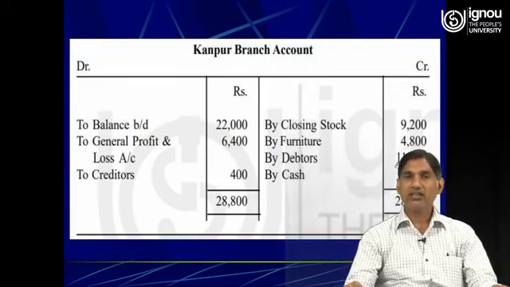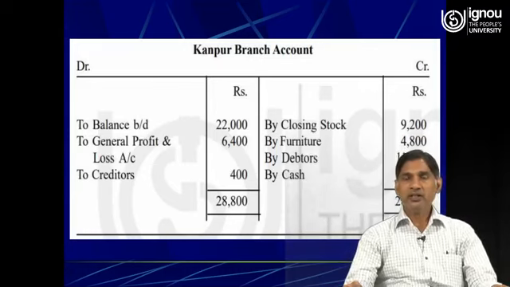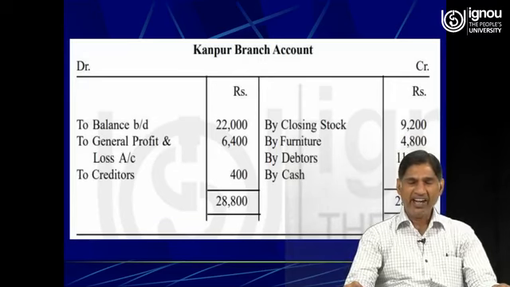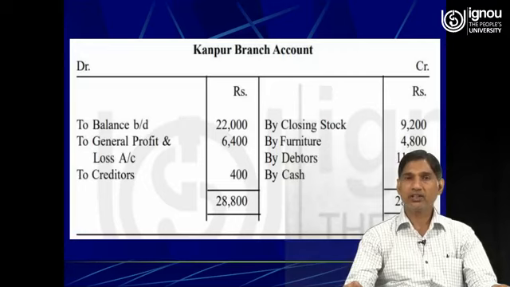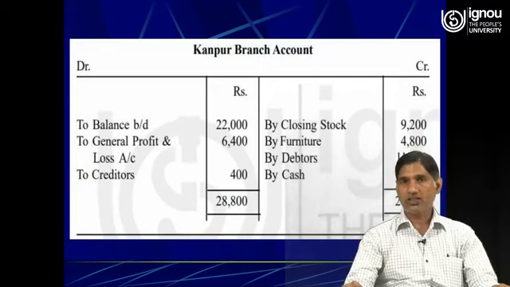By debtors 11,200, which is also provided in the form of debtors in the debit side of trial balance, and the amount of rupees 3,600 in the form of cash has also been provided by the trial balance. So total of these four assets comes to rupees 28,800. So the total of the asset side is 28,800, and the total of the liability side is also 28,800.